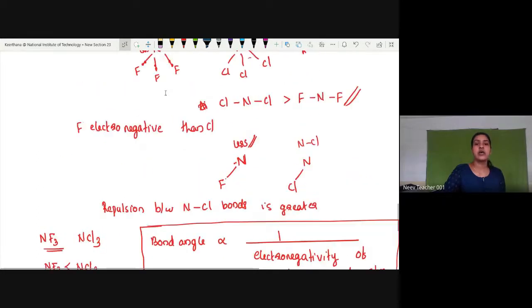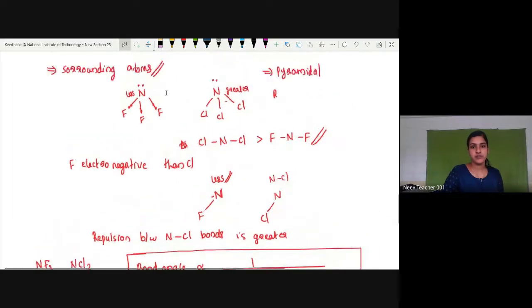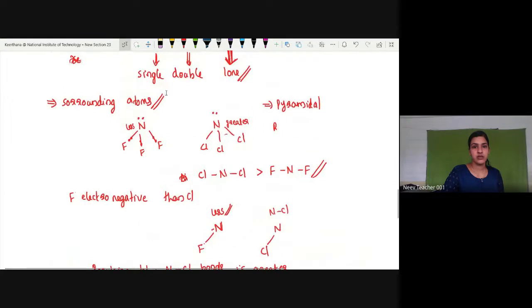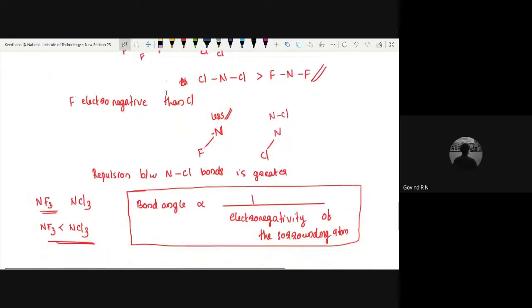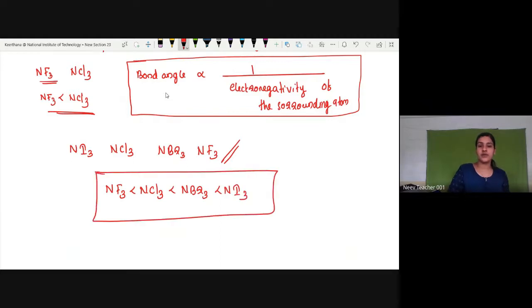Yes. Is it clear for everyone? Yes, ma'am. Okay. So the bond angle order is NF3 < NCl3 < NBr3 < NI3.